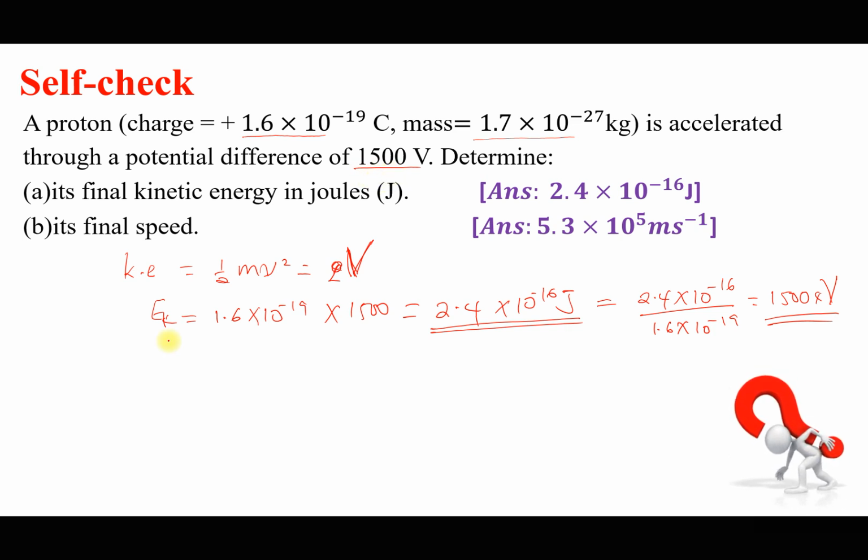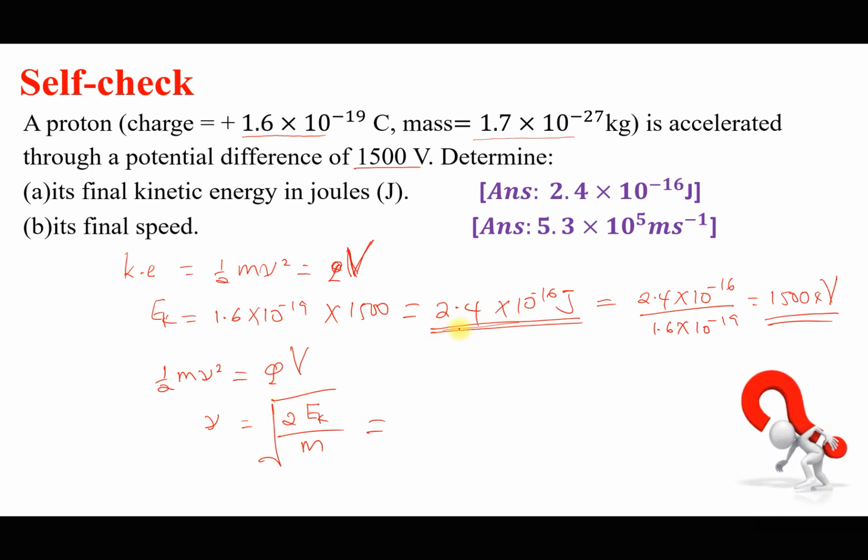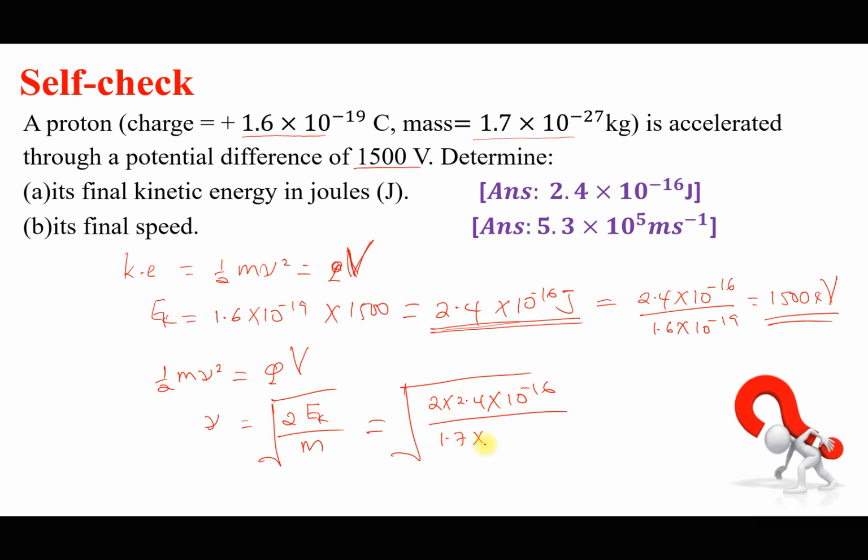Then its final speed. I have half mv squared equals charge times V, so the speed is going to be the square root of twice the kinetic energy divided by m. Twice the kinetic energy is qV, so this is the square root of 2 times 2.4 times 10 to the power of minus 16 divided by the given mass, 1.7 times 10 to the power of minus 27.